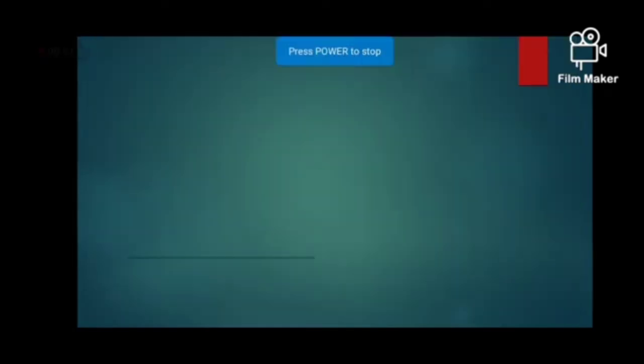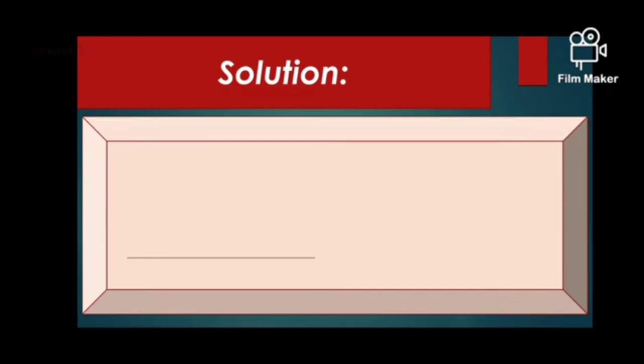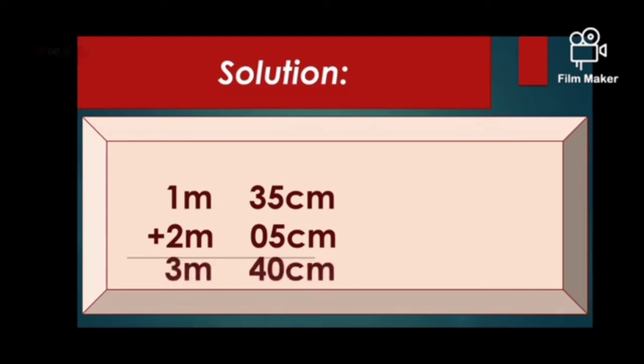Now let's solve this sum by writing the values of the length vertically. 1 meter 35 centimeter of the cloth is used to make shirt, and 2 meter and 5 centimeter is used to make trouser, and we have to find the total length of the cloth used. How will we find it?